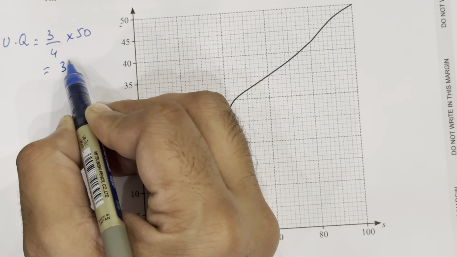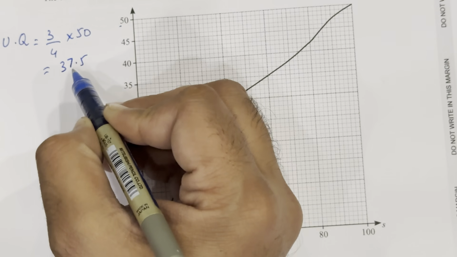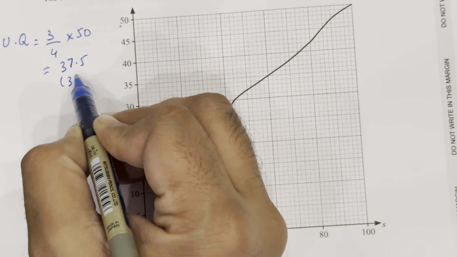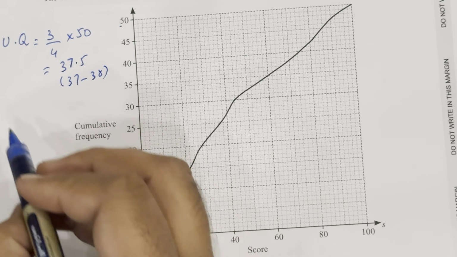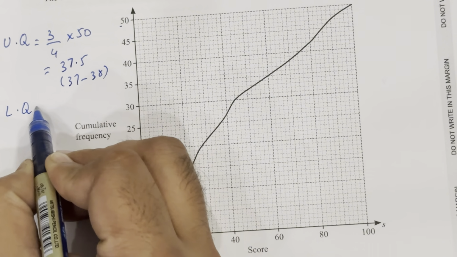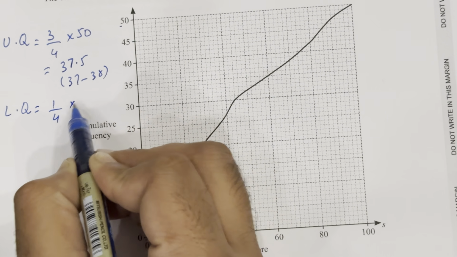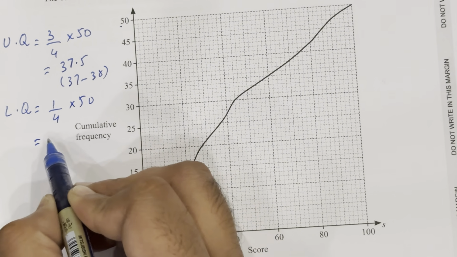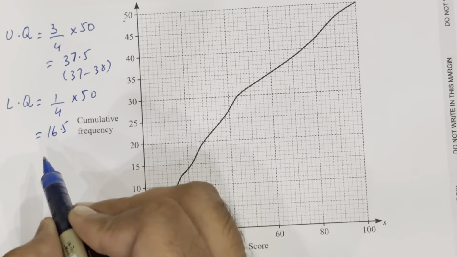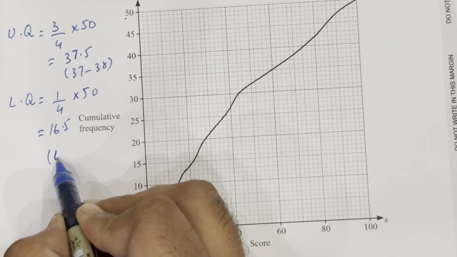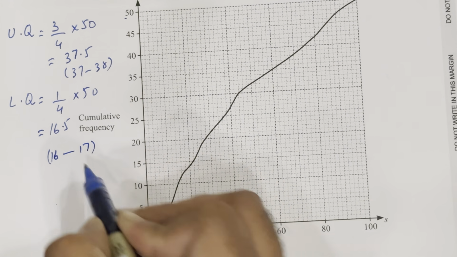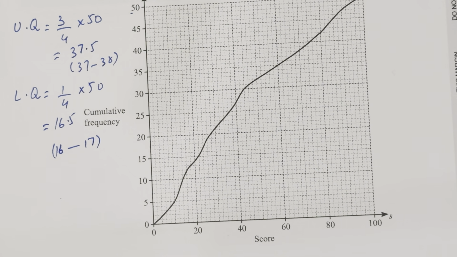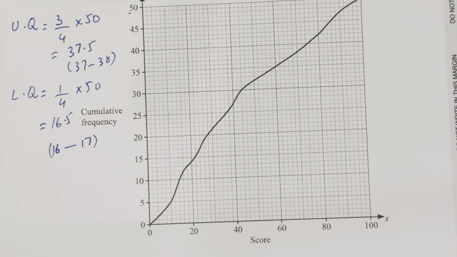It would be 37.5, or you can take it between 37 and 38 because you are not allowed to use a calculator. The lower quartile would be 1 by 4 into 50. It could be 16.5, so you can take it from 16 to 17. So you need to identify the interquartile range.